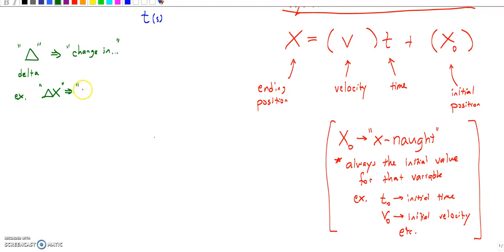For example, we would have the change in position that we could find using this relationship. To get the change in position, we would take the ending location minus where you started. So for example, if you started at a 1 meter mark and walked to the 5 meter mark, you went 4 meters.